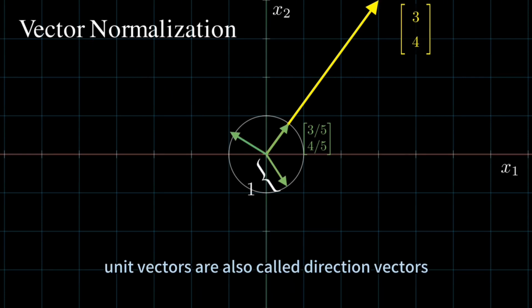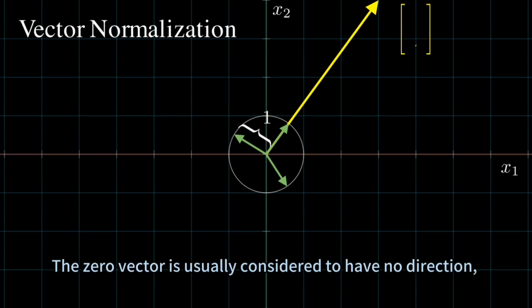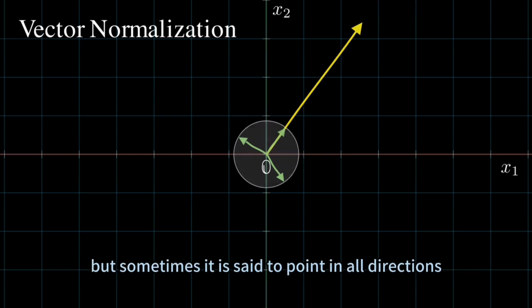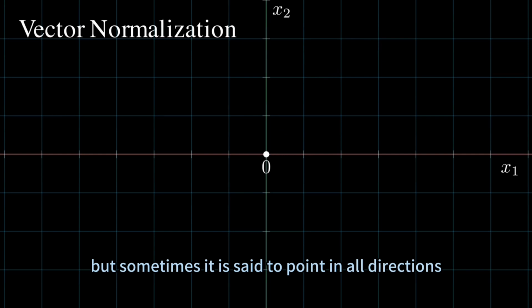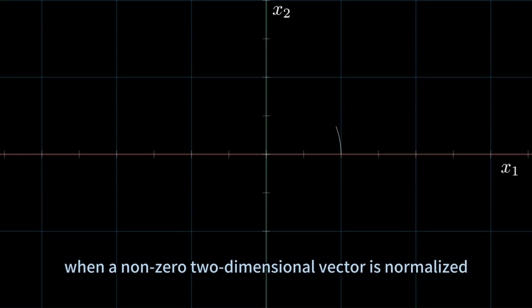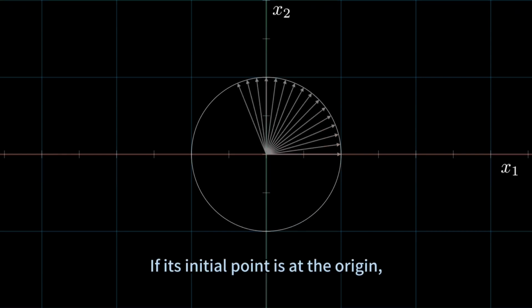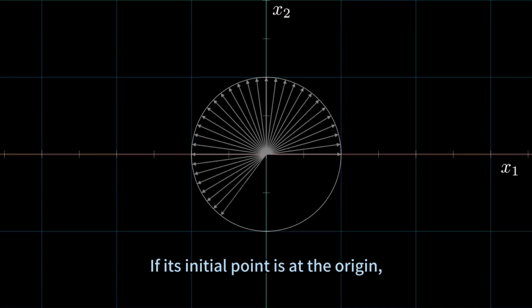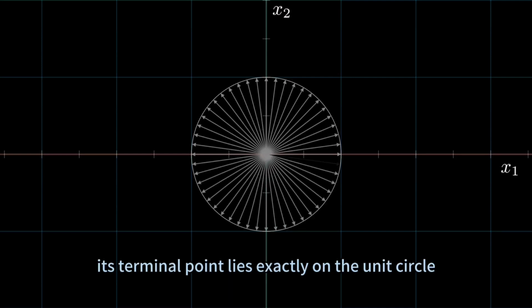For this reason, unit vectors are also called direction vectors. The zero vector is usually considered to have no direction, but sometimes it is said to point in all directions. Moreover, when a non-zero two-dimensional vector is normalized, if its initial point is at the origin, its terminal point lies exactly on the unit circle.